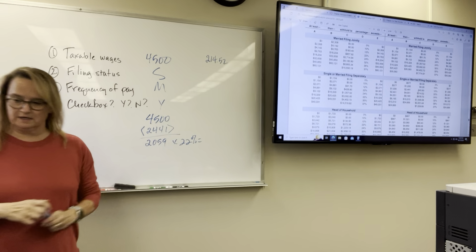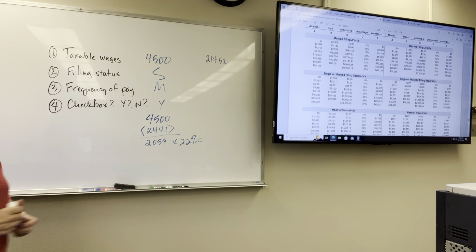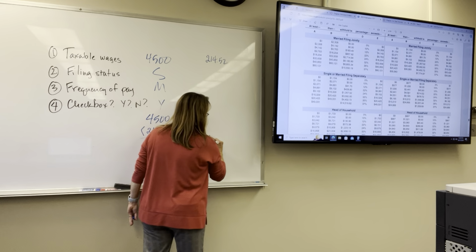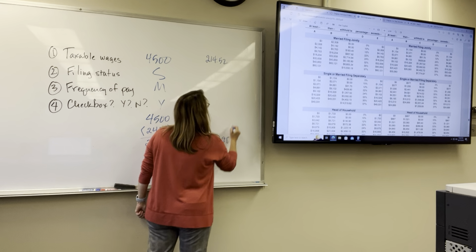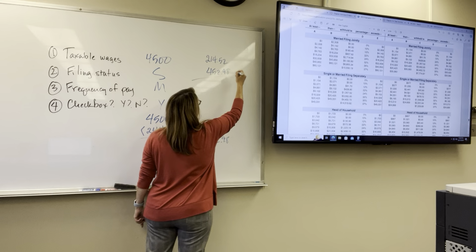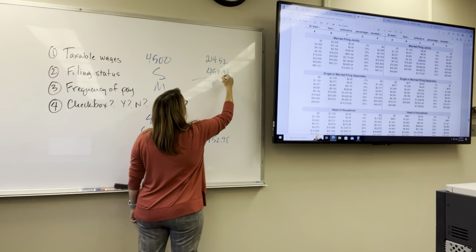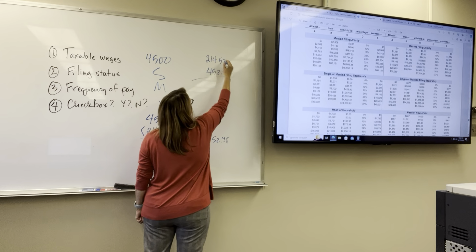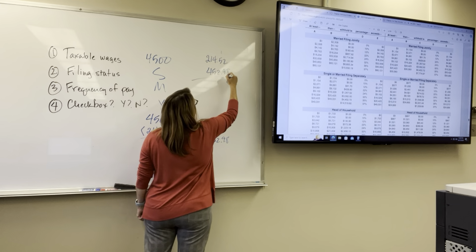So 2,059 times 22% is 452.98. Those two together give 667.50. Okay, 667.50.